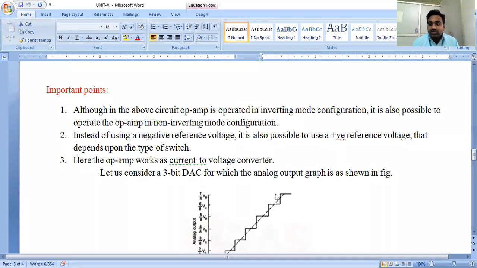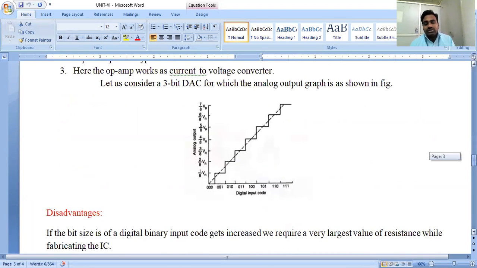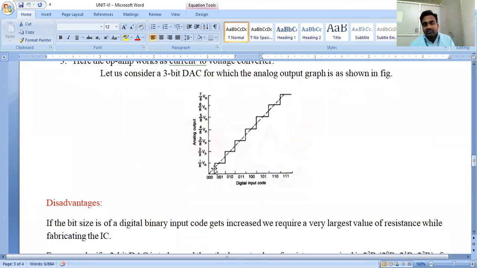If we provide a positive reference voltage, depending upon the type of the switch, the operational amplifier starts acting as a current to voltage converter. This is the nature of the output graph depending upon the tapping of the switch, for the input digital code, for example 001, with respect to the analog signal.